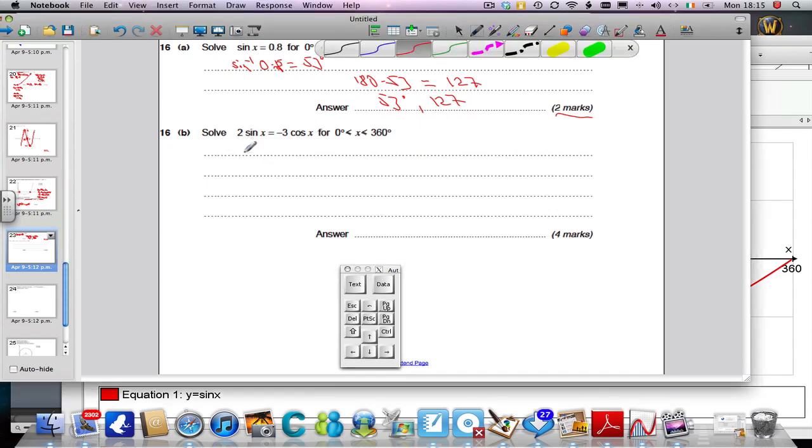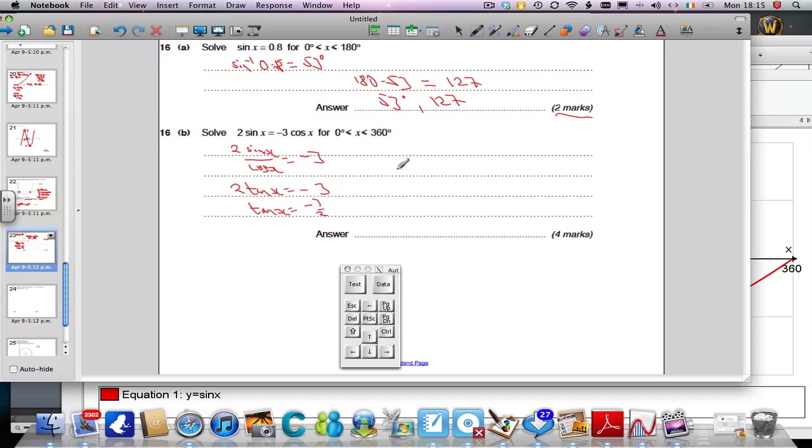So the left hand side gives 2 sine x over cos x, equals negative 3. However, sine x over cos x is tan x, so we get 2 tan x equals negative 3, and then dividing both sides by 2, we get tan x equals negative 3 over 2.